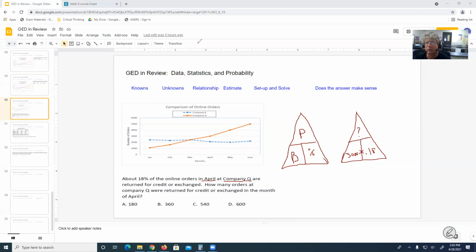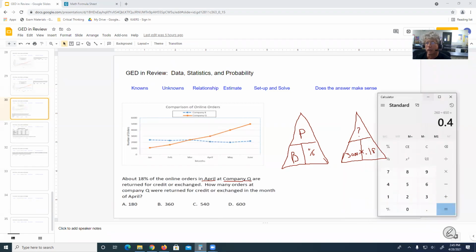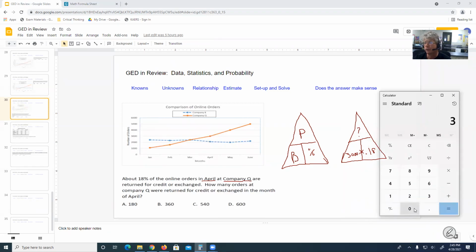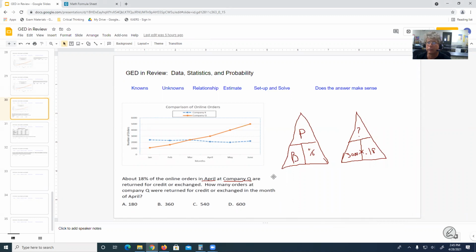So using my calculator, I can just go 3,000 times 0.18 equals, and I get 540. So 540 items were returned. So 540 would be it.